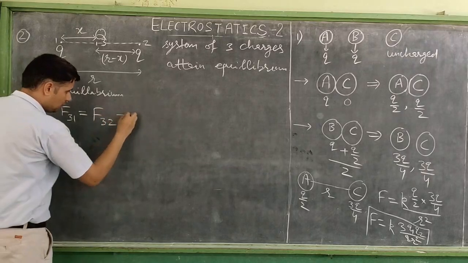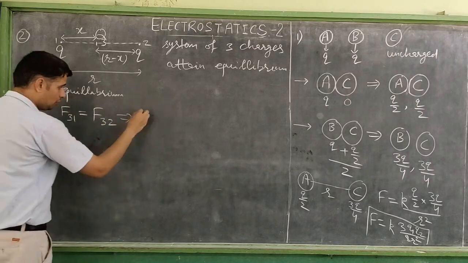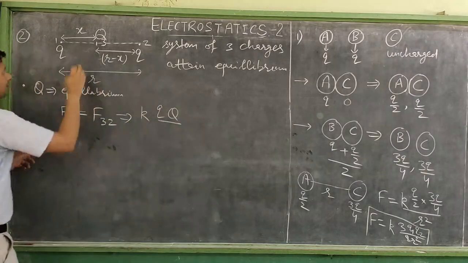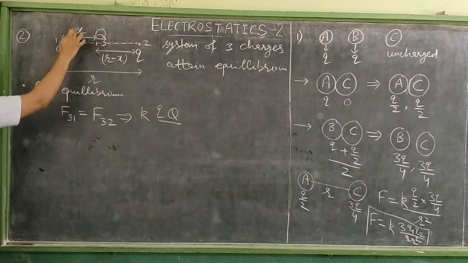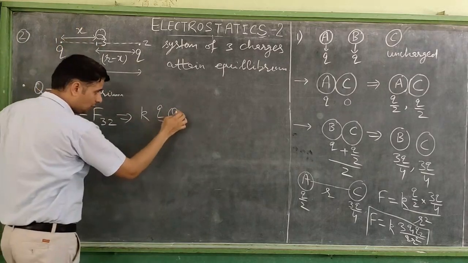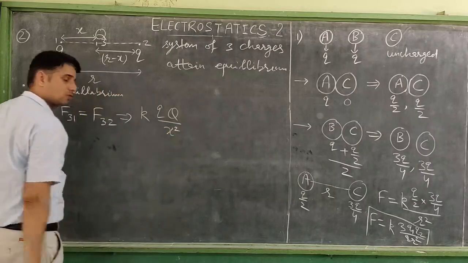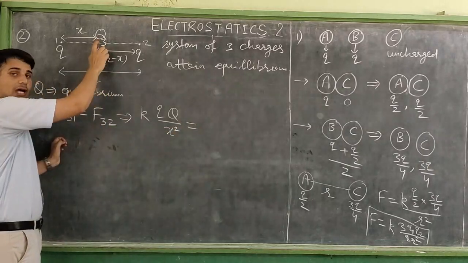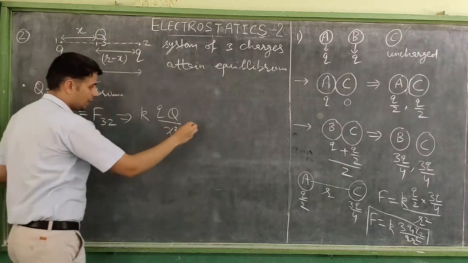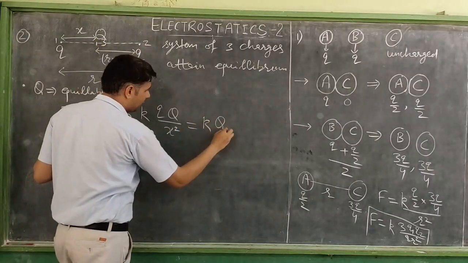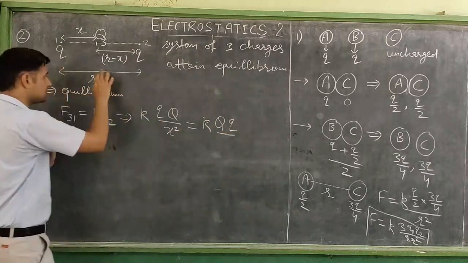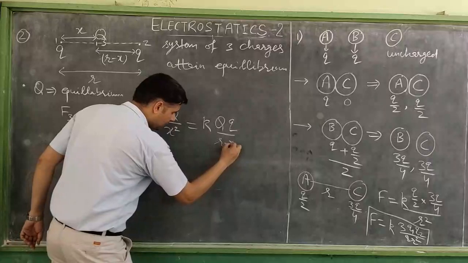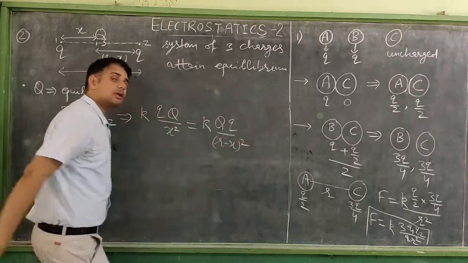So you put the values. F31 is equal to K Q capital Q divided by the separation squared. The separation is x, so K Q capital Q divided by x square is equal to F32, the force on the third due to the second. That is again K capital Q small q divided by the separation squared, and the separation is R minus x, so R minus x whole square.